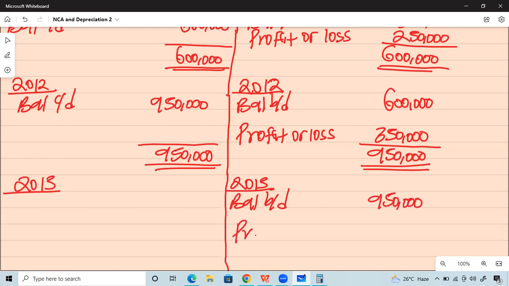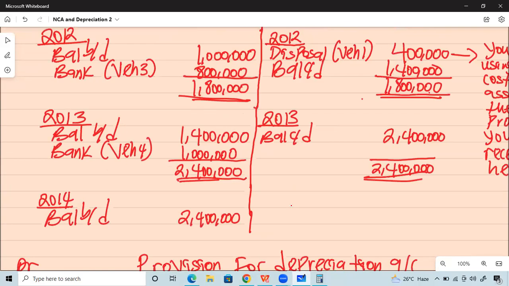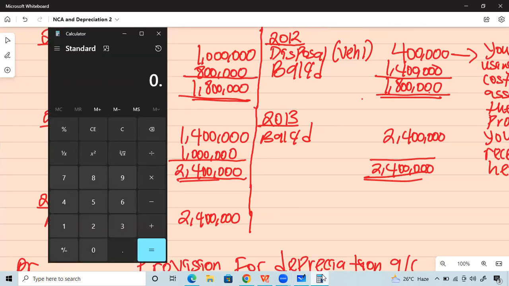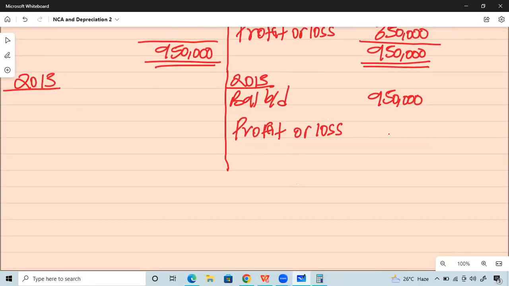What is the value of the asset that you have at the end of 2013? Now it's 2.4. So 0.25 multiplied by 2.4 is 600,000. So this is 600,000.